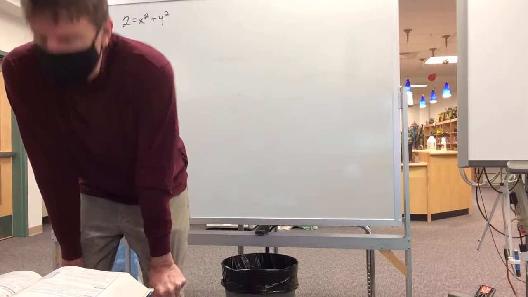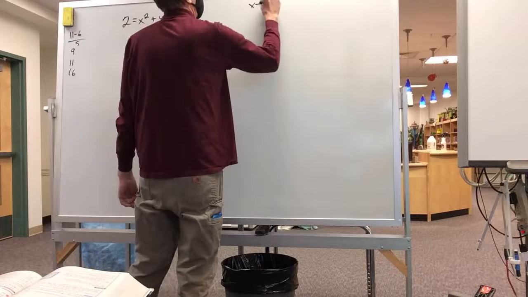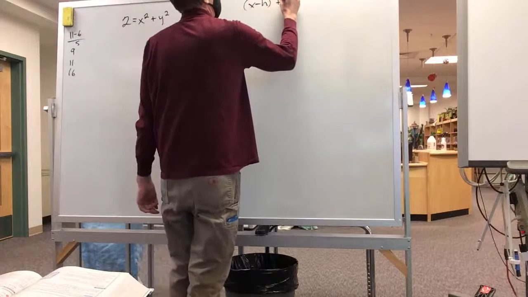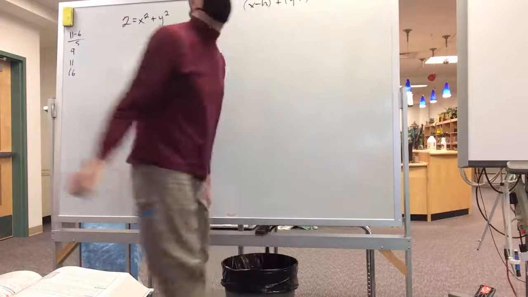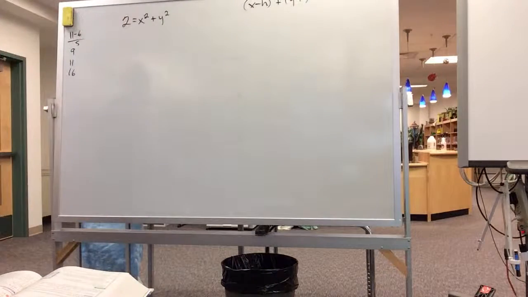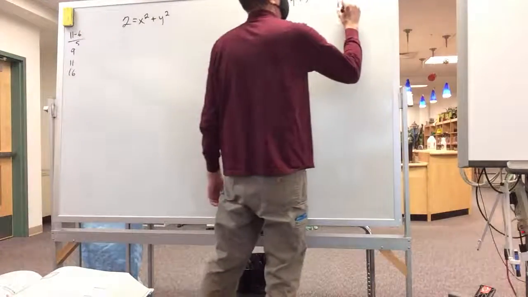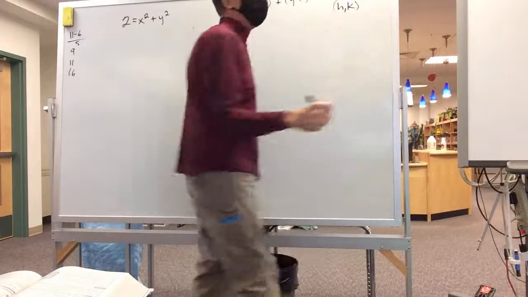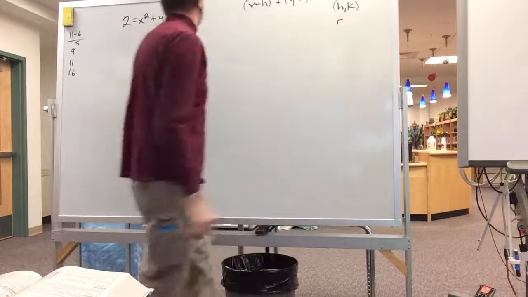So what did we say from the equation of the circle when it's written as such? (h, k) is the center of the circle. And what is the radius? r. Okay.